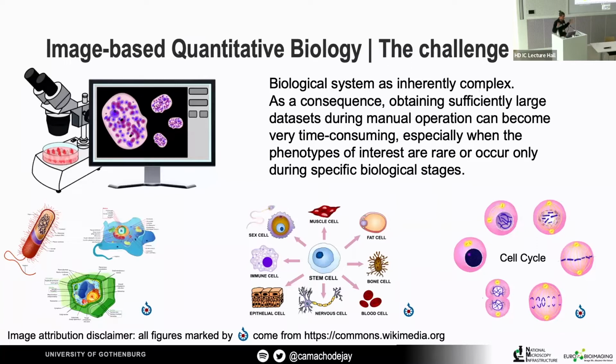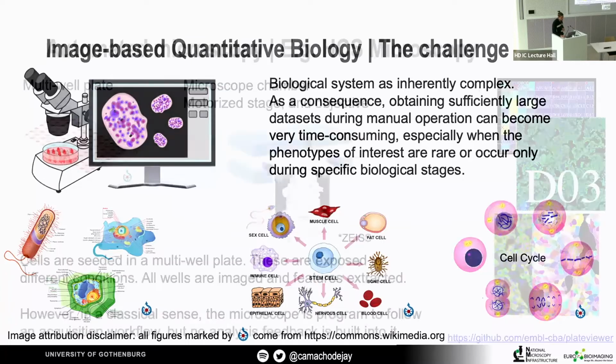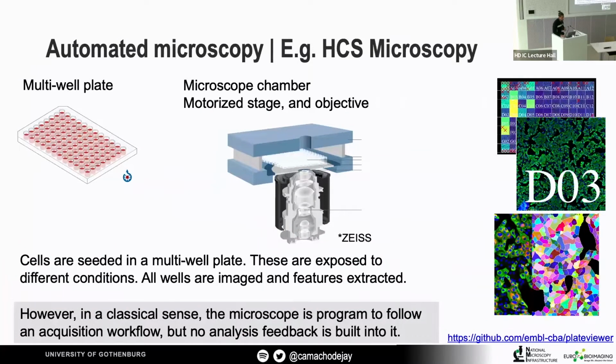There is a lot of complexity, and in many cases the biological observation that we're interested in happens in a very specific subset of phenotypes of interest, which are very rare. Therefore, we have to look for them in a sea of perhaps not so useful data, right? It's not only that we have to cover a lot of different conditions, but even within one condition, we might have to image a very large area to be able to find what we want. To answer this question, within the field, of course, this is not new.